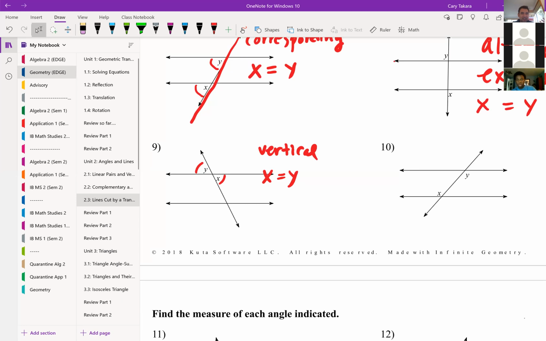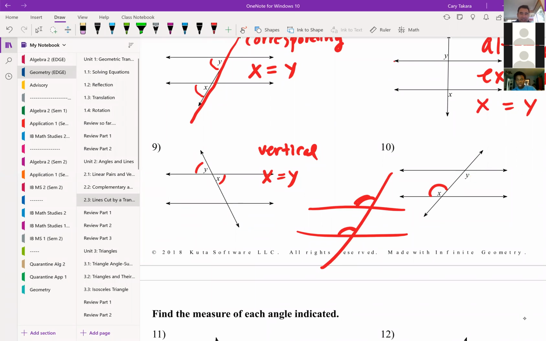Now, for this to be corresponding angles, corresponding angles have to be always on the same side, like this one and this one. That's corresponding, okay? But this one is on the left side and one is on the right side, isn't it?